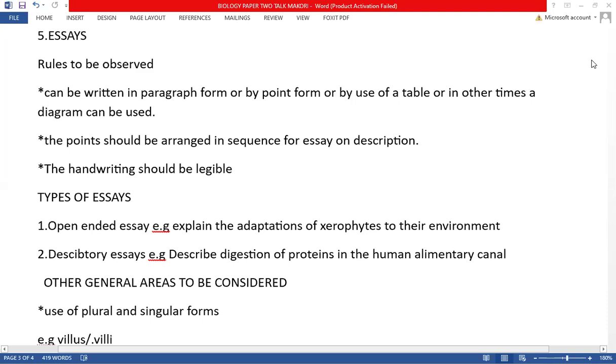So if you use a cycle, it will still be correct. As long as you have followed the correct order, you will still score all the marks under that part of the essay.